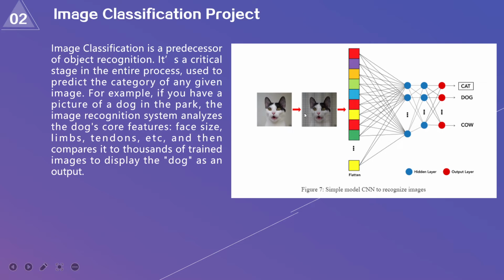The cat image will be spread out like a grid pattern using convolution, and then it will be flattened and put into the neural network architecture. The neural network will process it and give the output: it is a cat, or not a cat, or a dog.